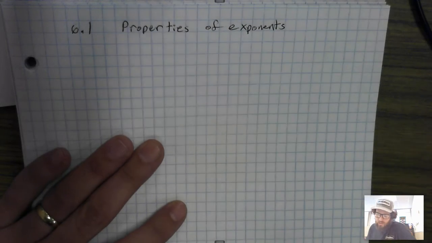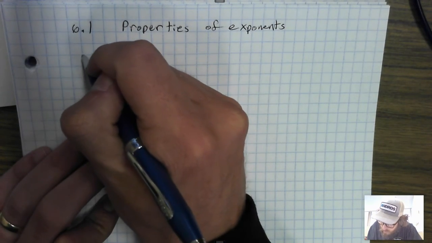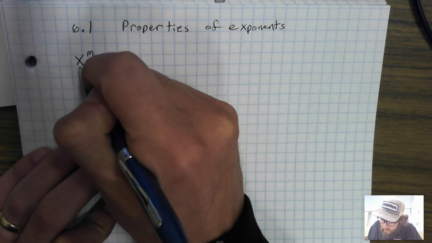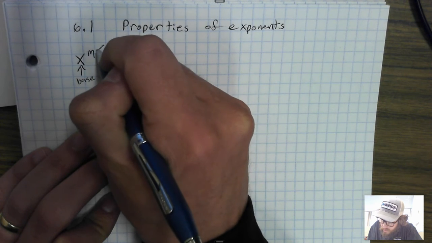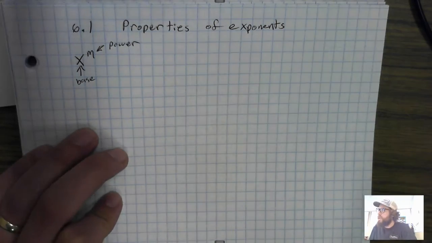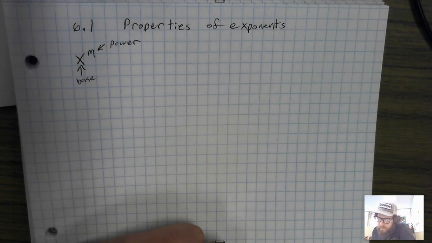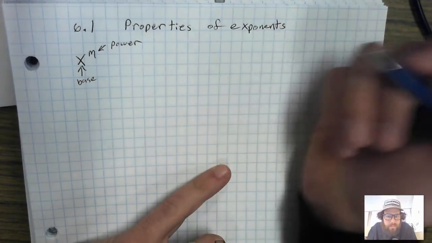So first thing we've got is you've got something that looks like this. This is what we're talking about. Here's an exponent, x to the m, where x is the base and m is the power. The power says multiply the base by itself that many times.